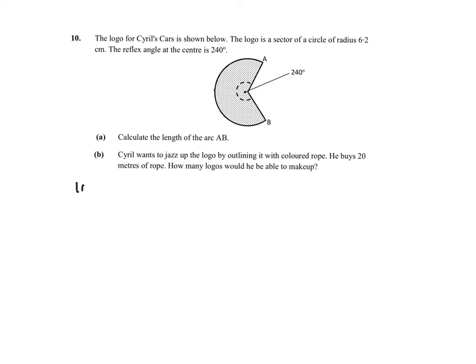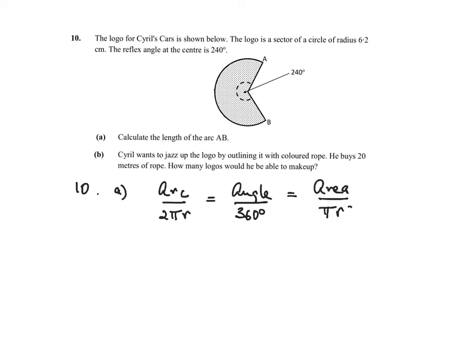Question 10. Remember the formula? Arc over 2 pi r equals angle over 360 degrees equals area over pi r squared.